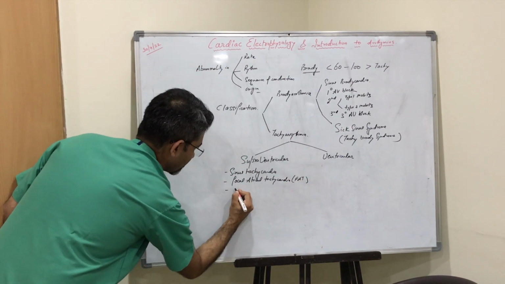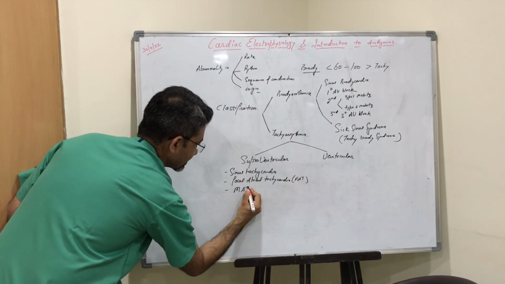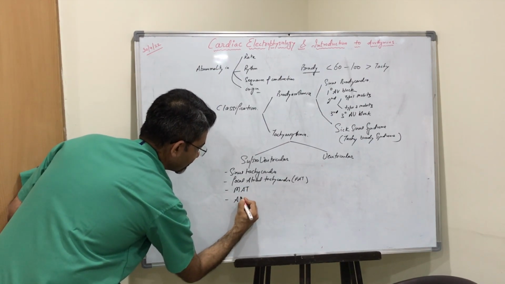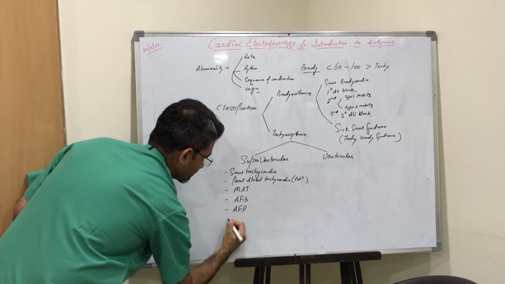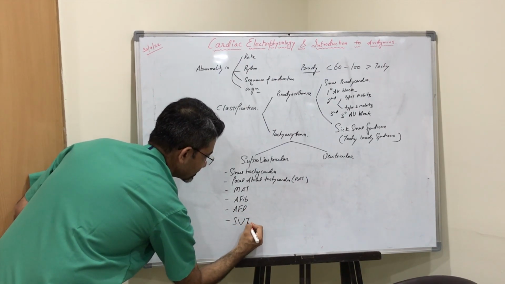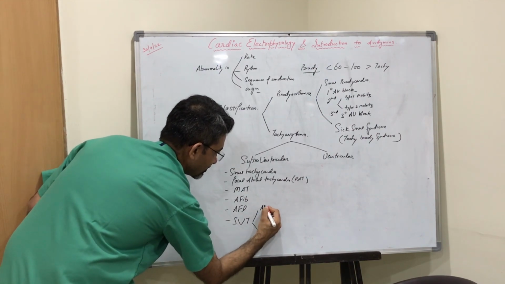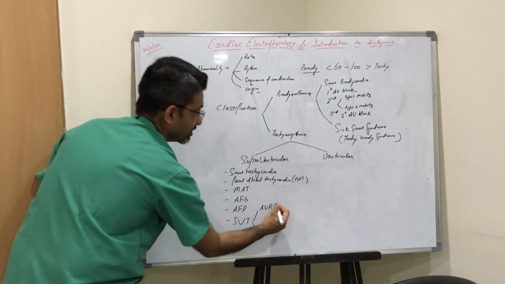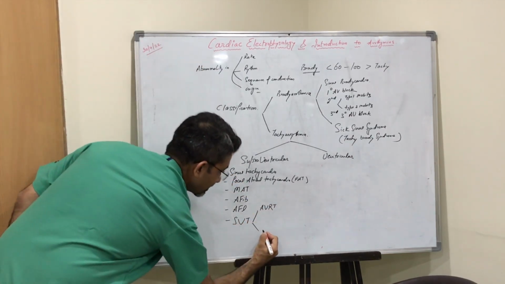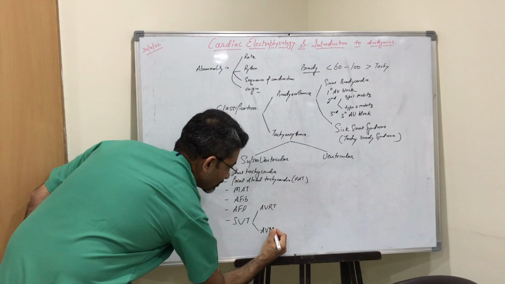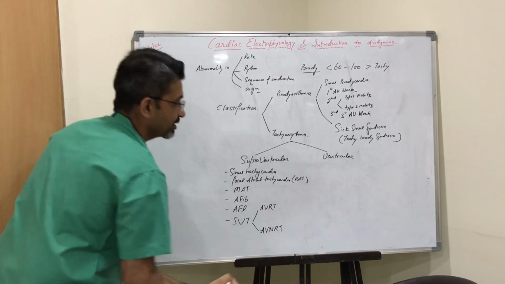Then you have multifocal atrial tachycardia, you have atrial fibrillation, you have atrial flutter, you have SVT. In SVT you have two types: AVRT, AV reentrant tachycardia, and AVNRT, AV nodal reentrant tachycardia.